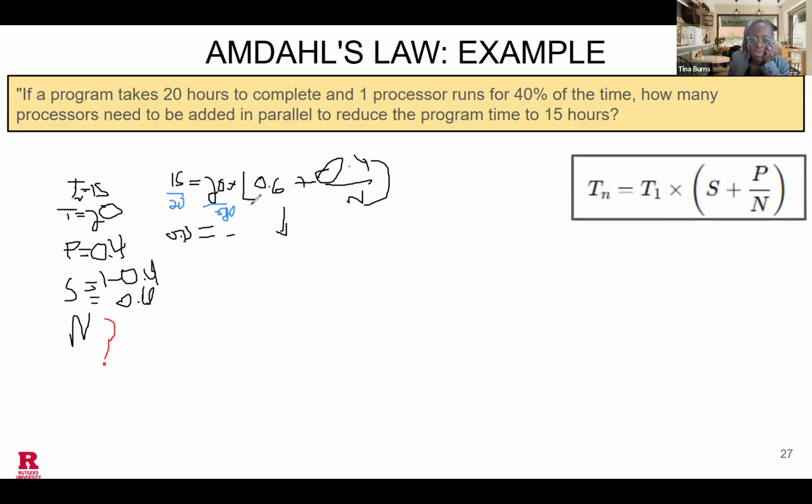Now, once I bring that down, I can subtract the 0.6 from over here. Sorry, let me just take it slow because it's going to look messy if I don't.